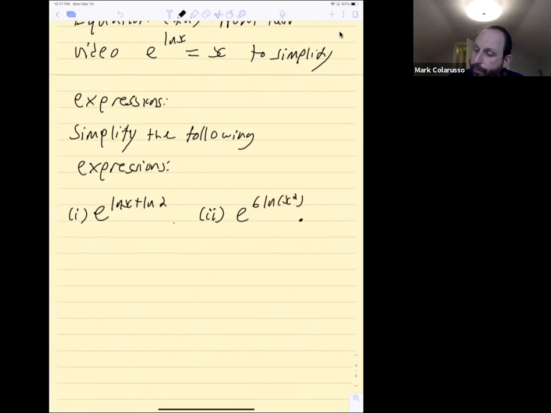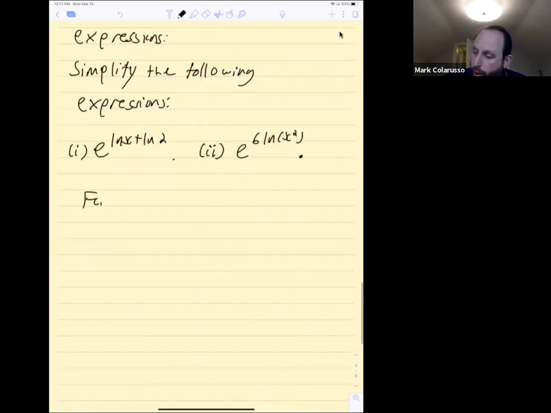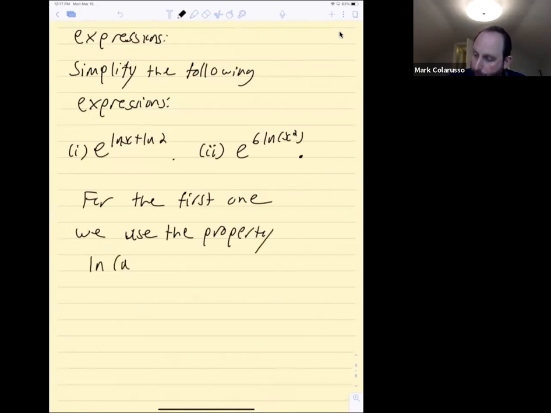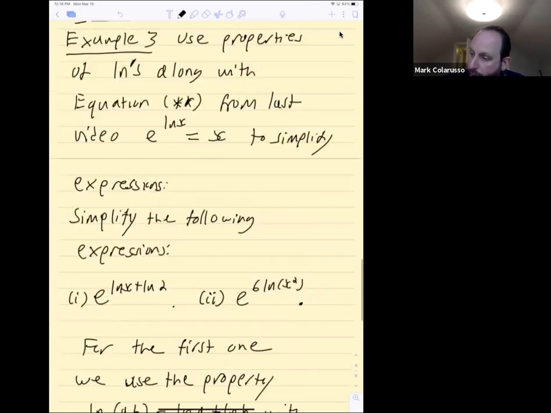So for the first one, we use the product property of the logarithm: ln of a times b is ln a plus ln b, the equation with the double star, which I wrote above here, right? So this is this guy here.